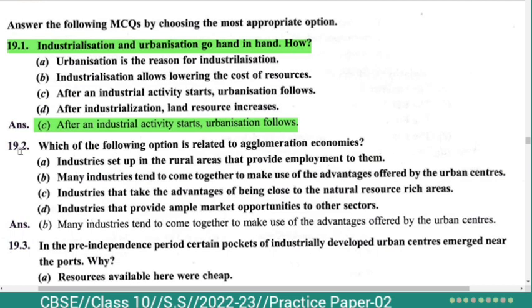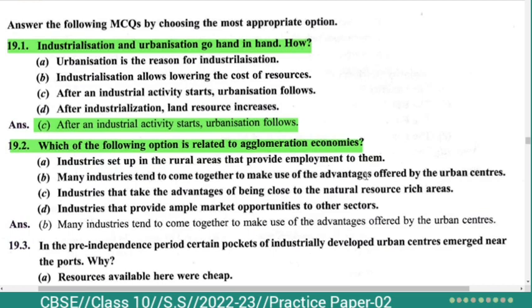Question number 19.2. Which of the following option is related to agglomeration economies? Option A. Industries set up in the rural areas that provide employment to them. B. Many industries tend to come together to make use of the advantages offered by the urban centers. C. Industries that make the advantages of being close to the natural resource rich areas.